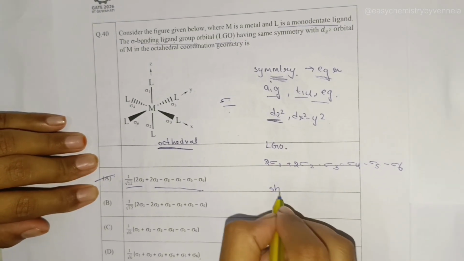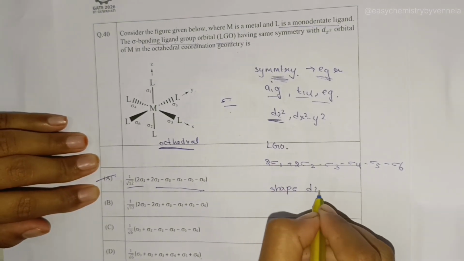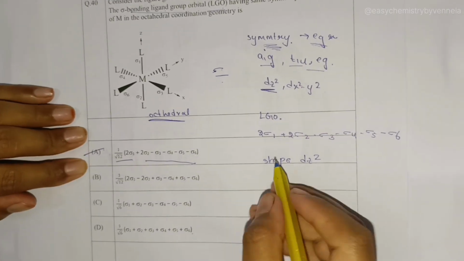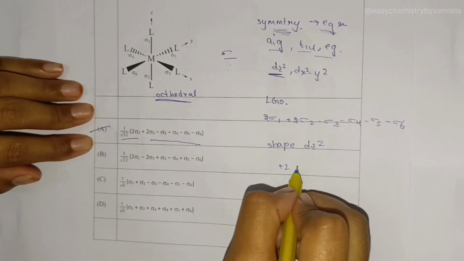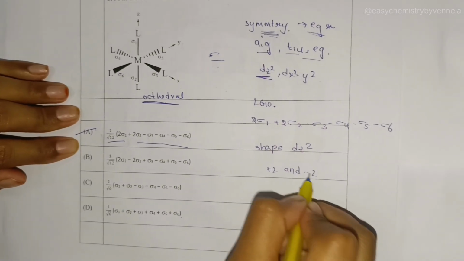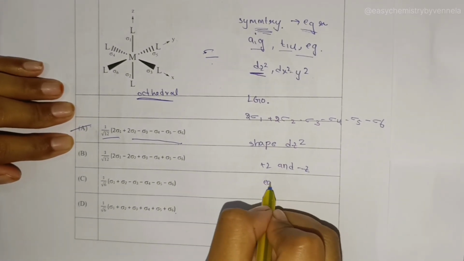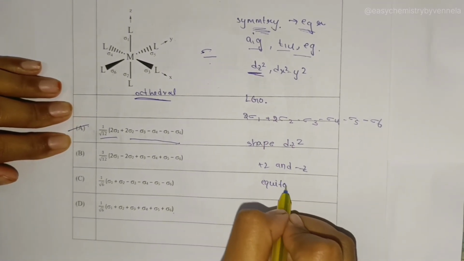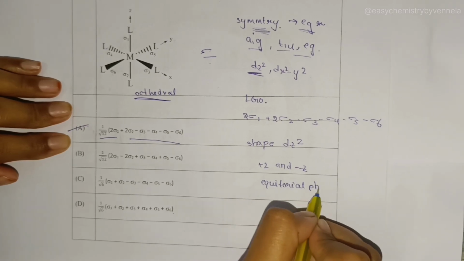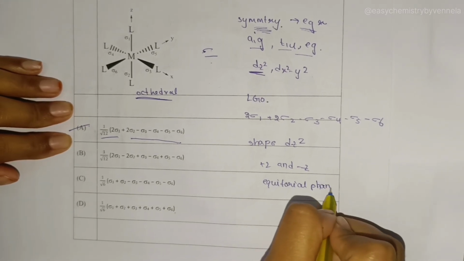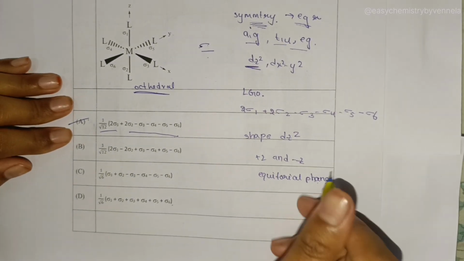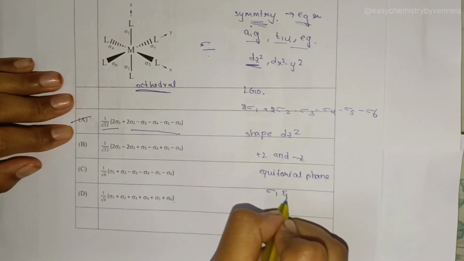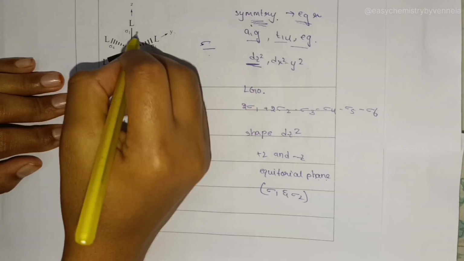Next, the shape of dz square is large lobes along plus z and minus z. The opposite is the equatorial plane. The larger weight is on the z-axis ligands, sigma 1 and sigma 2.